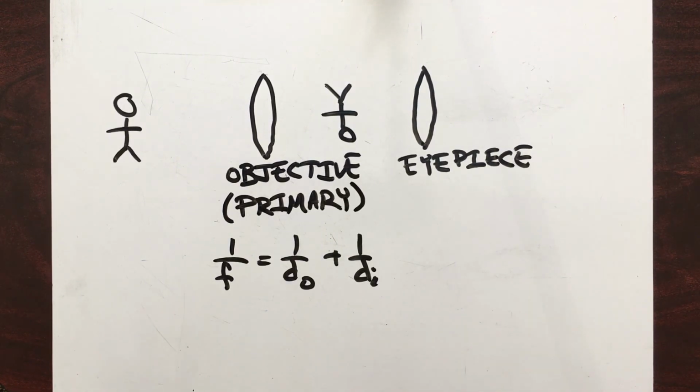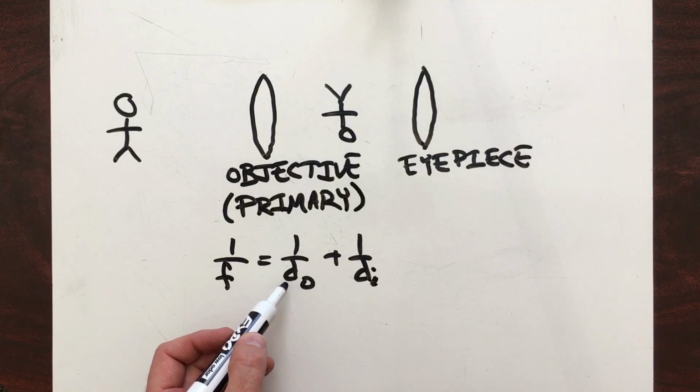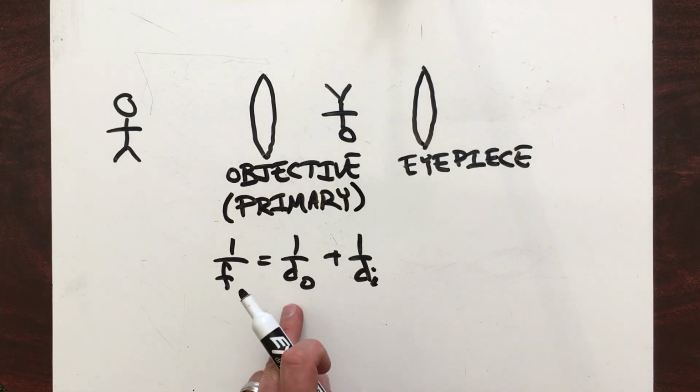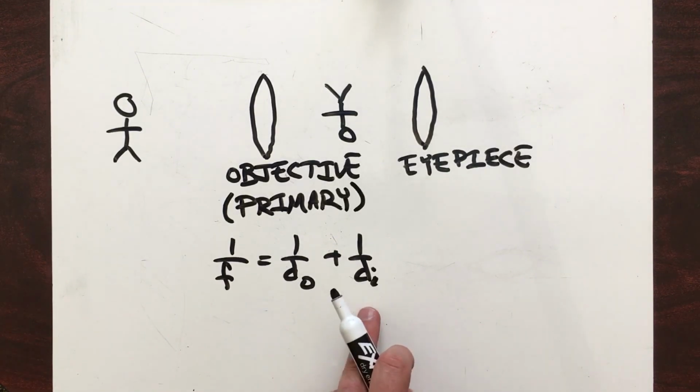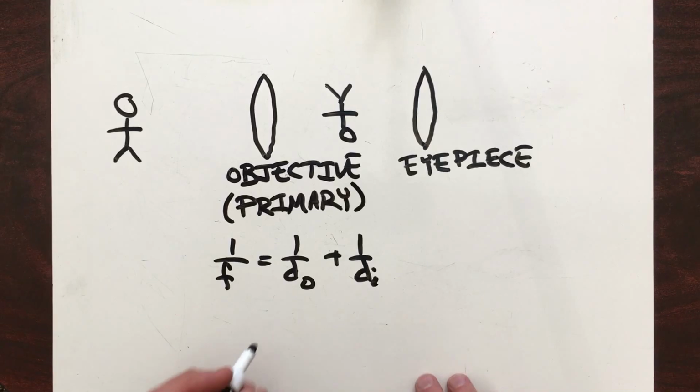You're not looking at something up close. That's not the point. And so the object distance is going to be quite large. And more importantly, it's going to be quite large in comparison to the image distance and probably the focal length as well. It'll be much larger than both of these.